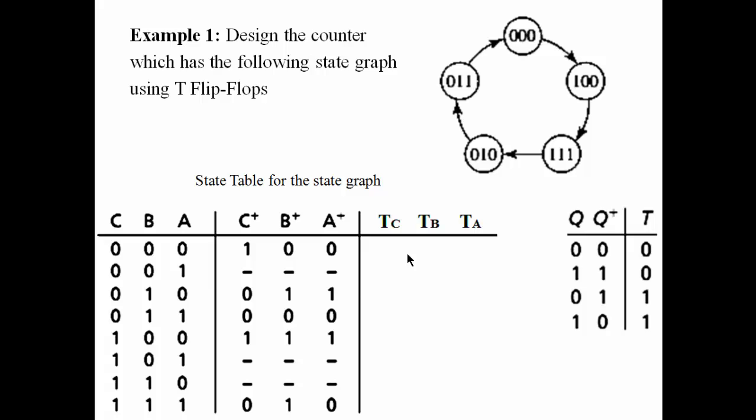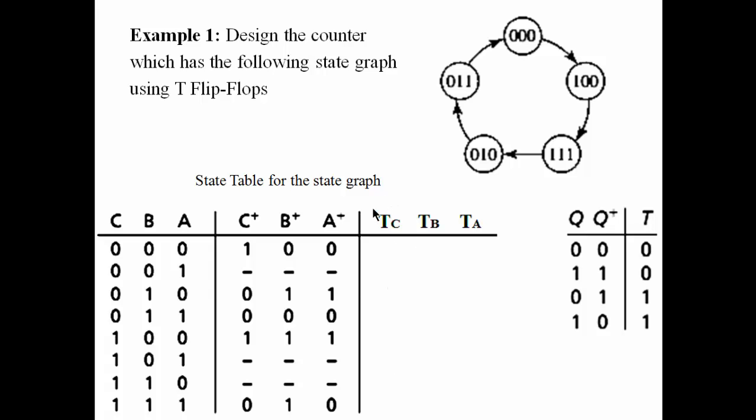Now, to write the values for the T flip-flops, we need to follow this table. This Q represents the present state, this Q plus represents the next state, and this T represents the value that we have to write in the T columns.